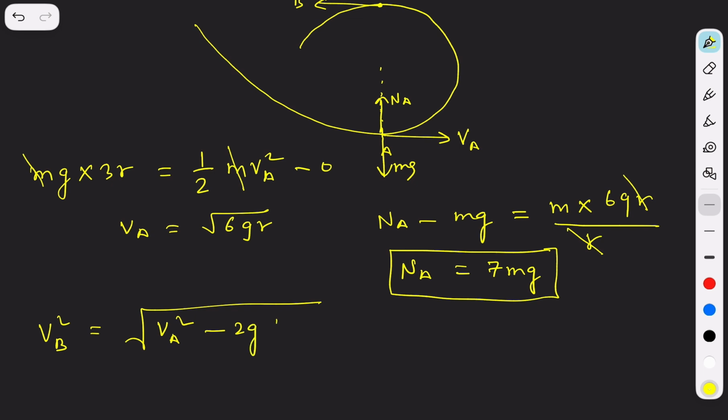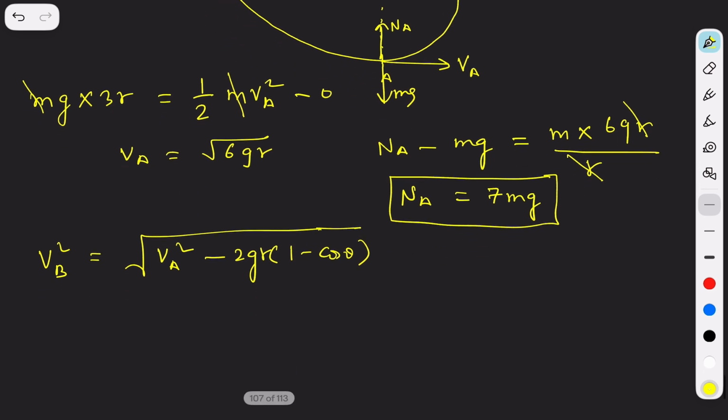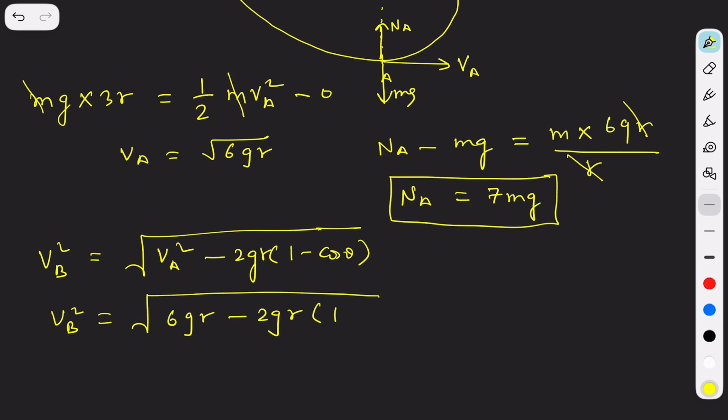Here va will act as v naught. So vb square is equal to va square minus 2gr into 1 minus cos theta. va square is 6gr, minus 2gr into 1 minus cos 180, because we are going to the topmost point. So it will be plus 1.